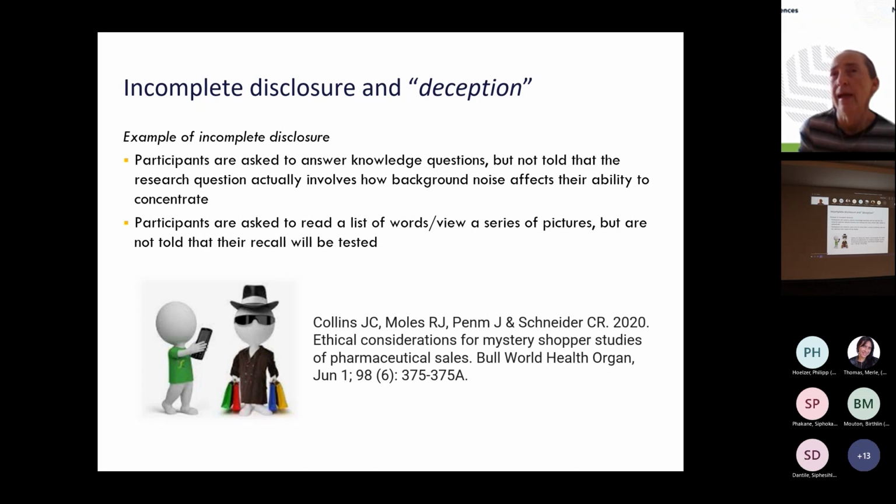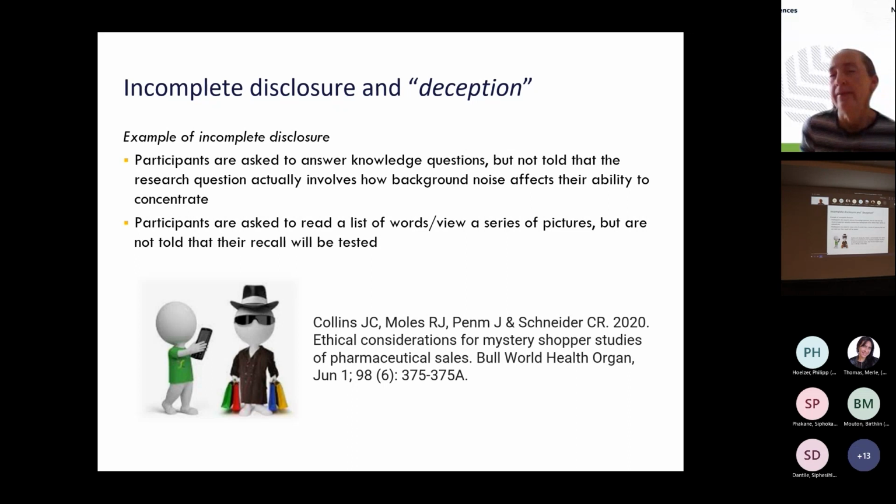But actually, the study is not about testing their knowledge. You actually want to find out if background noise affects their ability to concentrate. But you don't want to reveal that, because if you tell them that upfront, then obviously it may affect their responses. So it may create bias in the study.